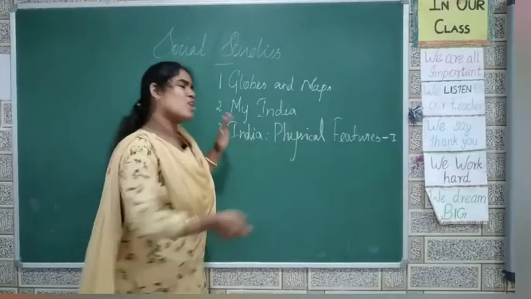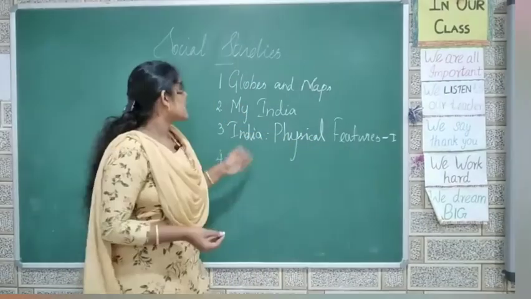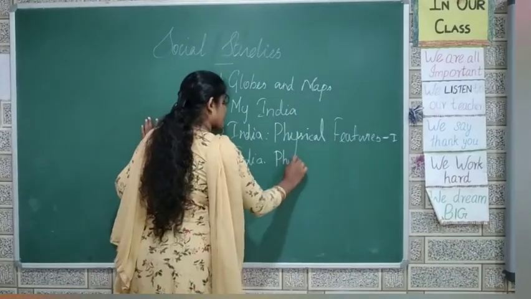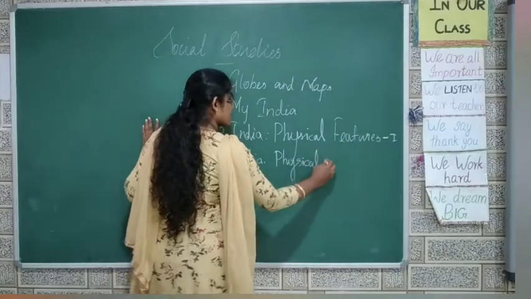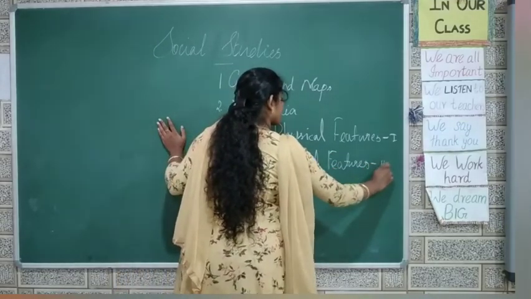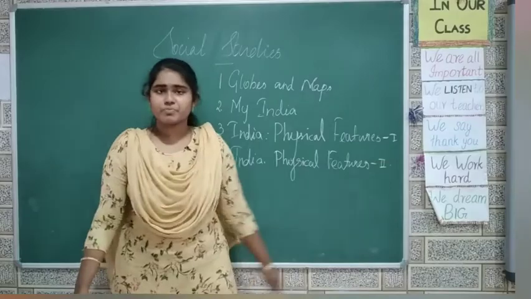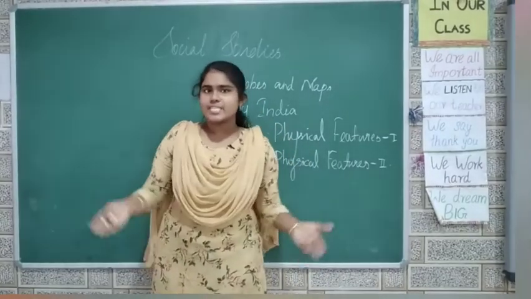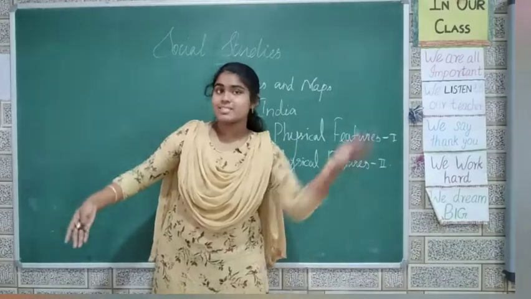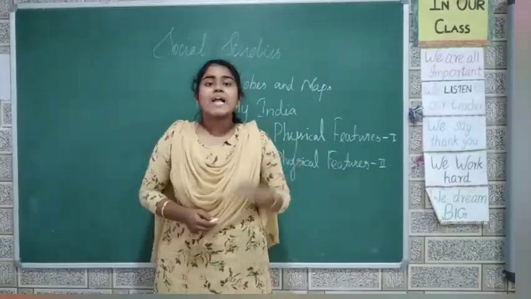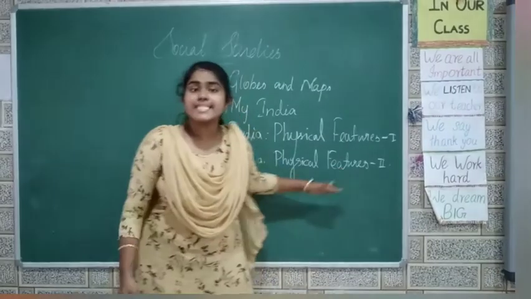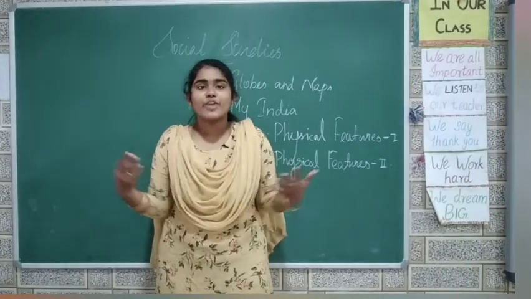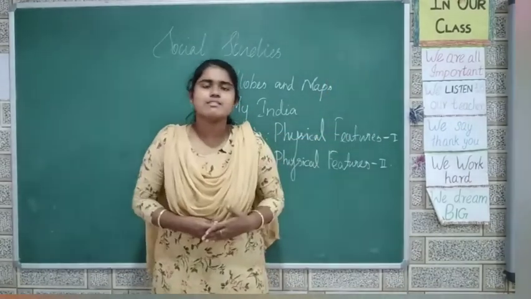So the remaining are there in the 4th lesson, that is India physical features part 2. Let's write that down. This lesson is all about the desert in India, plateaus, other plains, coastal plains especially, and the islands. Desert in the sense, especially they talked about the great, big, wide Thar desert.